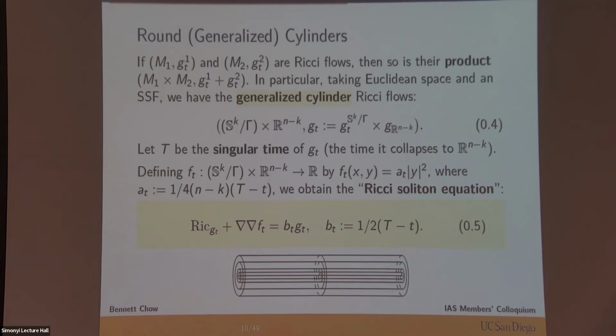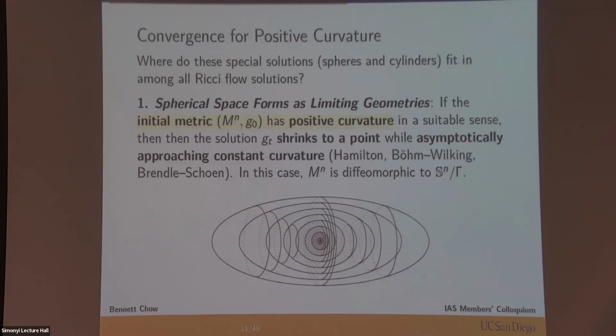It's related to the heat kernel or conjugate heat kernel. But in any case, by defining f thus, we can write this equation, which is called the Ricci soliton equation. A generalized cylinder satisfies this. I'll discuss that a little bit more; we'll come back to that. I went over that a bit quickly.